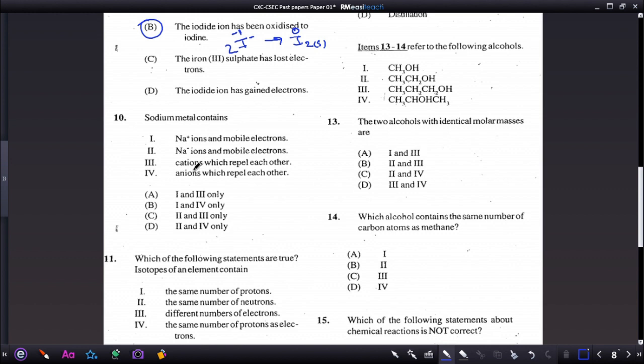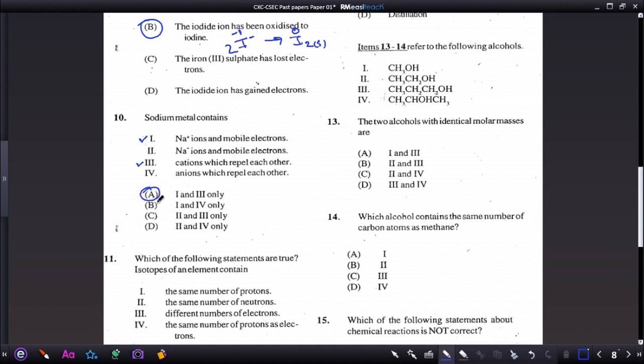Okay, sodium ions and mobile electrons, sodium anion and the mobile electrons, cations which repel each other, anions which repel each other. So in the sodium metal, you have the sodium ion that is surrounded by the mobile electrons, and the cations repel each other. So that would be 1 and 3, which is A.